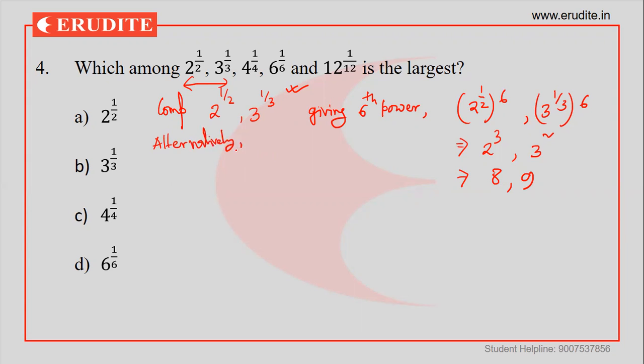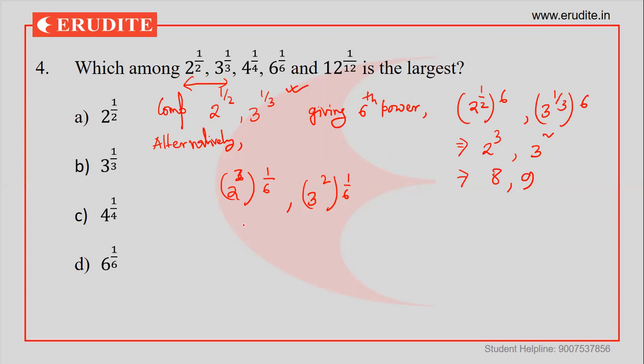I can write 2 to the power 1 by 2 as 2 to the power 3, 1 by 6, which is 2 to the power 1 by 2, it remains, and 3 to the power 2 and 1 by 6.